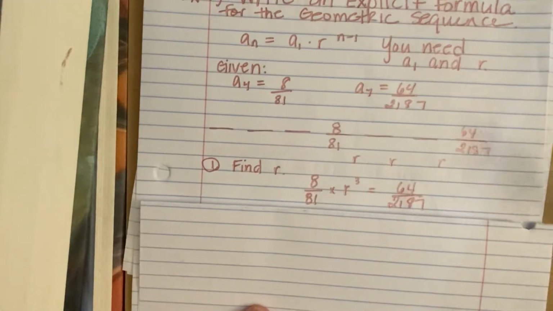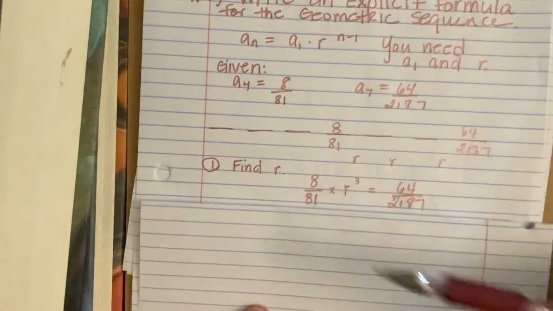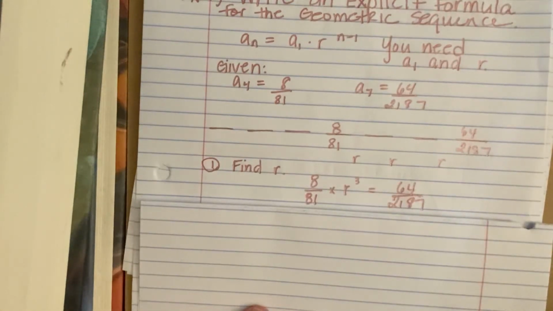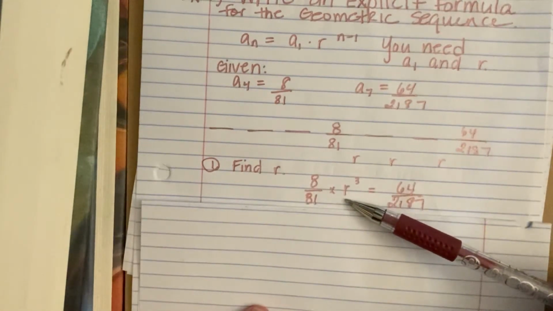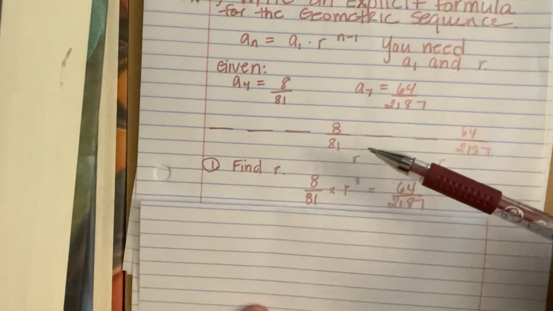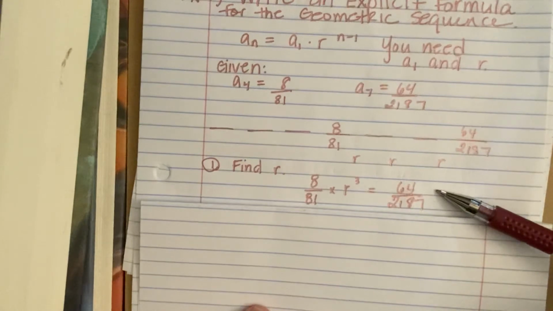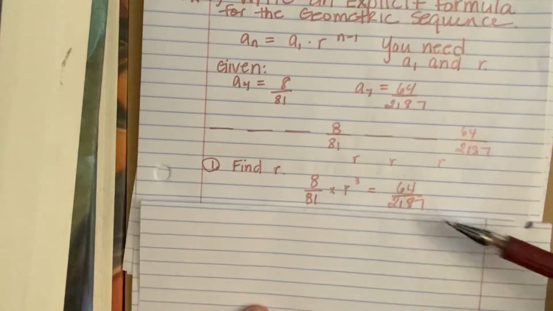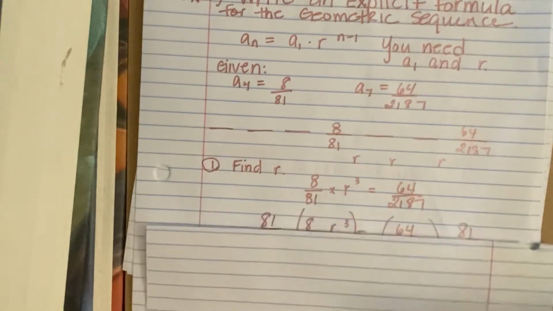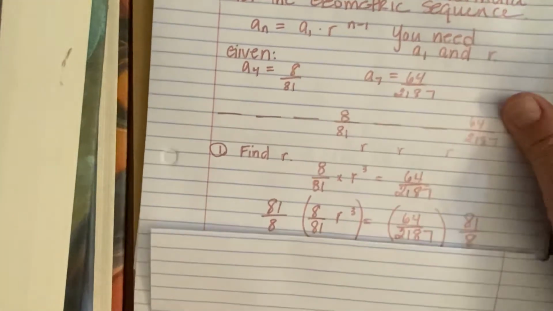Okay, so we're starting with 8 over 81. And then I'm going to multiply by the ratio cubed because we had to multiply 1, 2, 3 times. And that gives me 64 over 2,187. All right, solving for r.